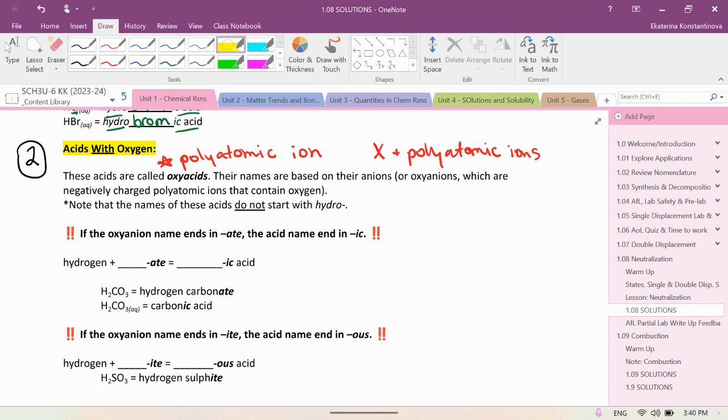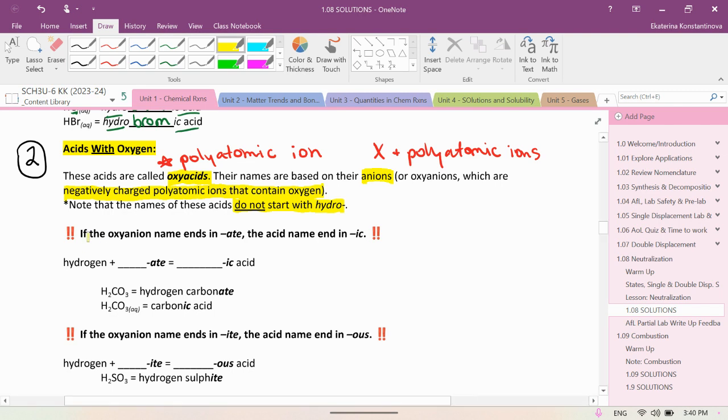These acids are called oxyacids, and their names are based on their anions, or oxyanions, which are negatively charged polyatomic ions that contain oxygen. So note that the names of these acids do not start with hydro. As soon as you recognize oxygen, you will not use that prefix.